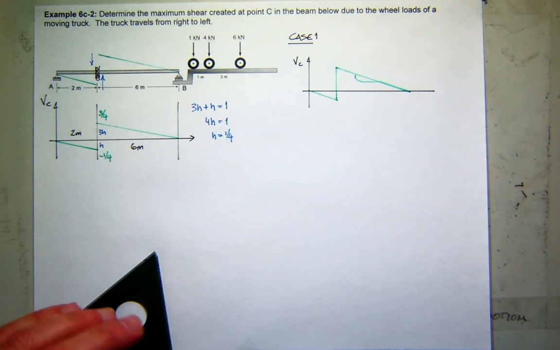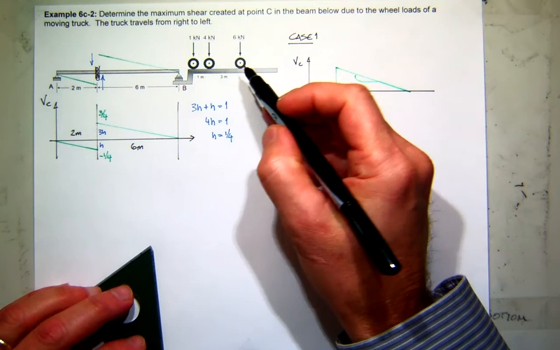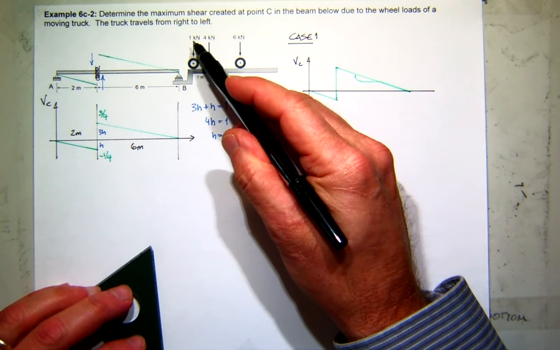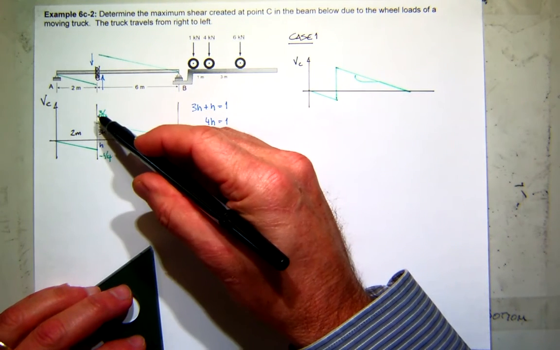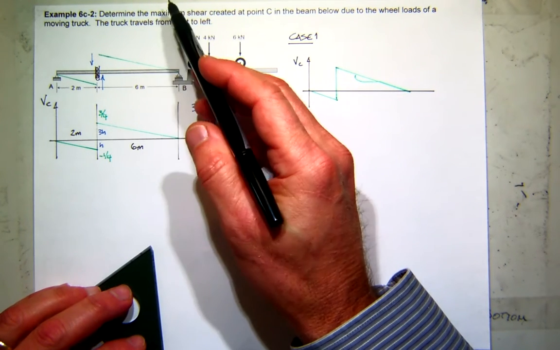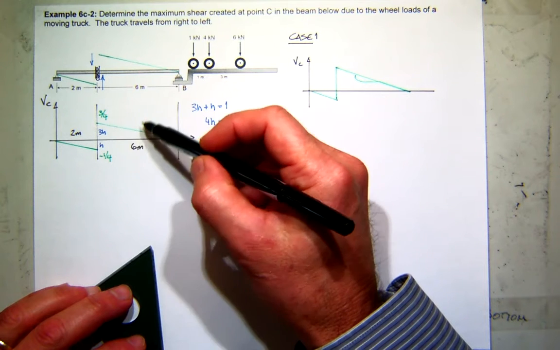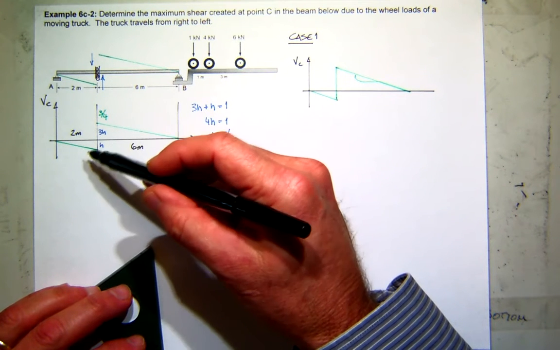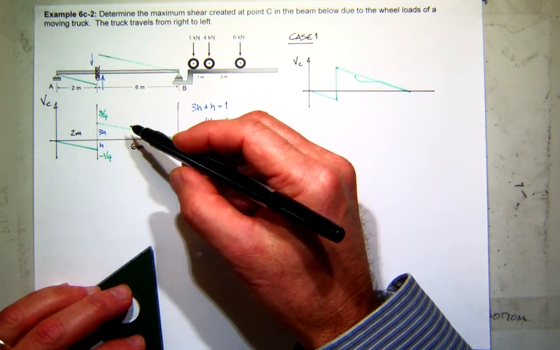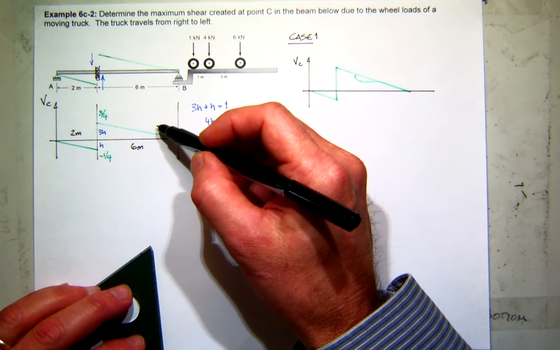So, I'm going to let the first load, my 1 kilonewton load, come out and hit the positive value. Because I'm trying to find maximum shear, it looks like I've got more positive parts than negative parts. So I'm going to assume right now that I think the positive will be better.